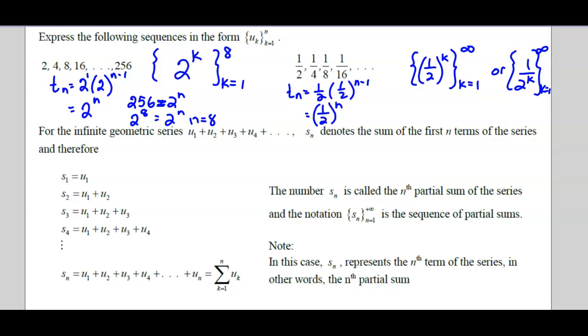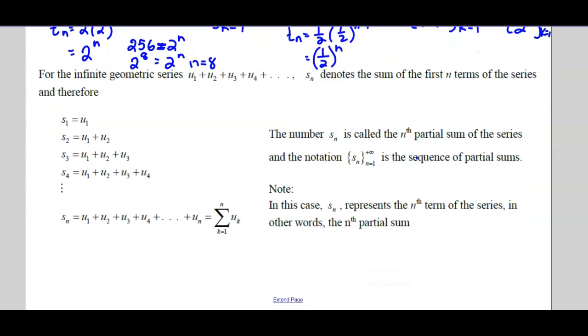And so we can also show that in bracket notation. How do you tell the difference? It'll be given to you like this equals, so you know it's sum S's. Okay. So that's going to be the sequence of partial sums. So in this case, Sn represents the nth partial sum.